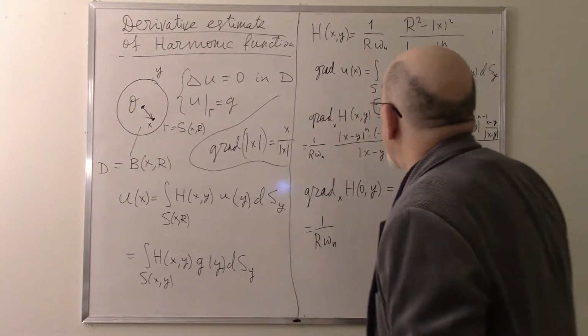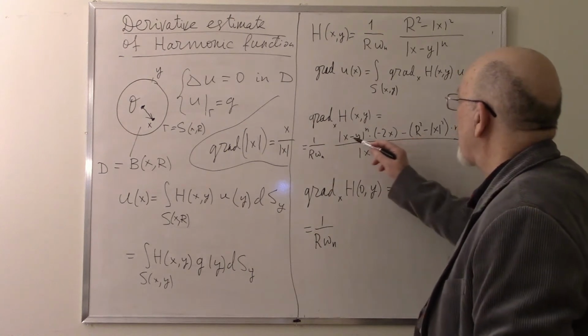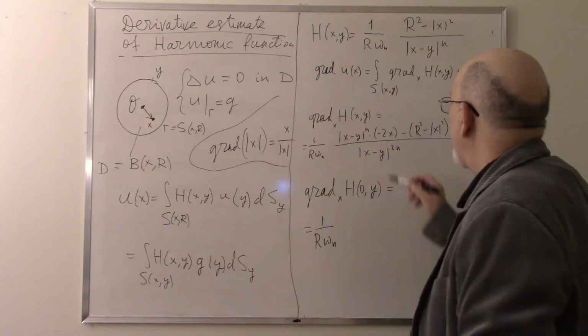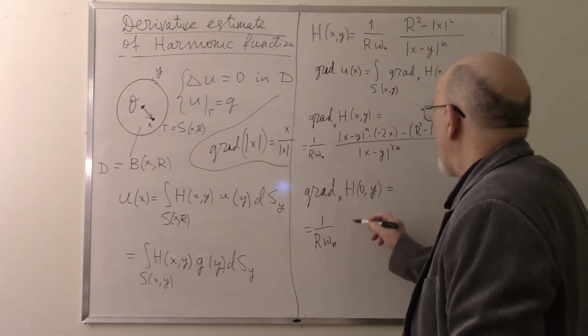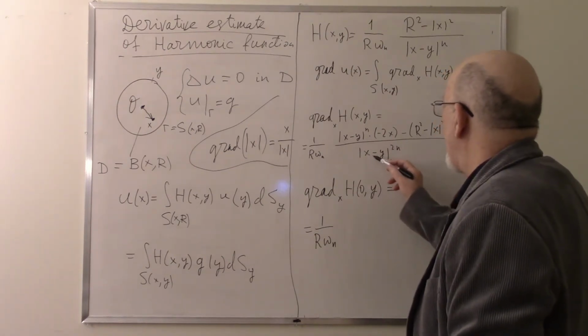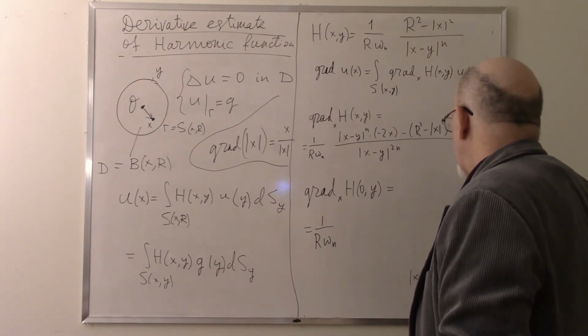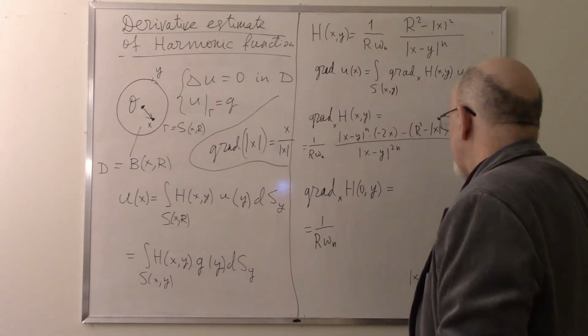So x is 0, so the first term is 0 because 2x is 0, so I don't write the first term. x is 0, so module x minus y equals r.